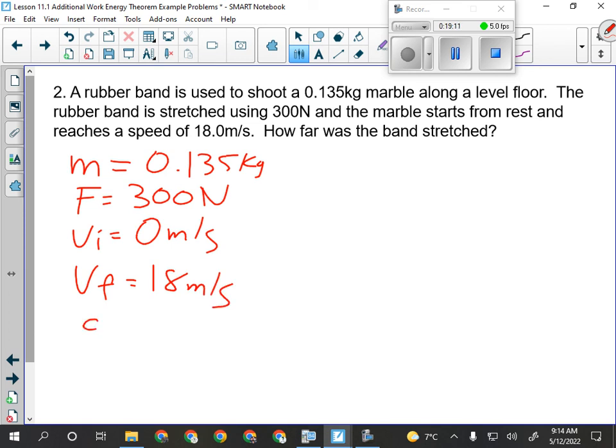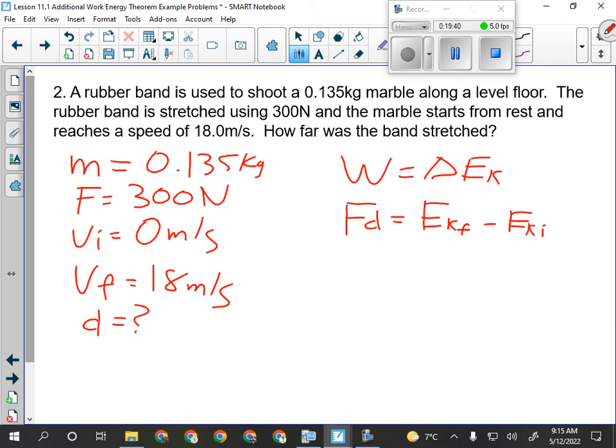We are trying to find the distance over which the force is exerted, how far the rubber band is stretched. So, as we said just a minute ago, in this question, it's the kinetic energy that's being changed by the work, okay? Because it's making the marble go faster. So, we've got to expand this out to force times distance equals, okay, EK final minus EK initial.